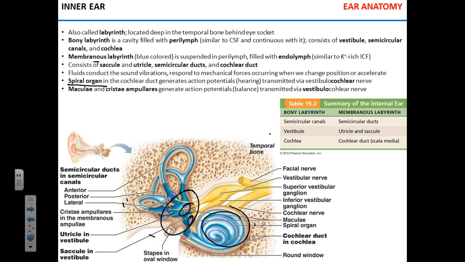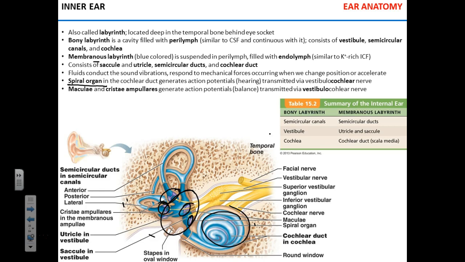Maculae are responsible for sensing linear acceleration to the sides, or front and back, or up and down. And finally, crista ampullaris in the semicircular ducts is responsible for sensing rotational movements of the head.